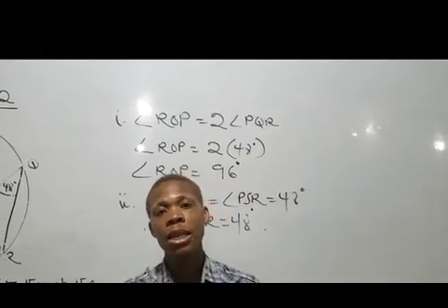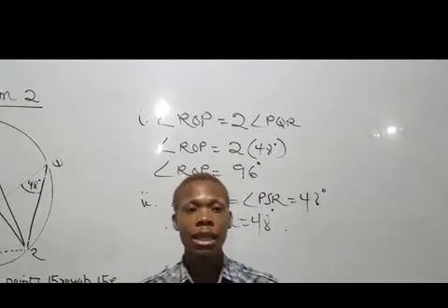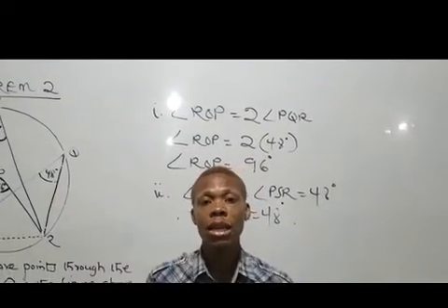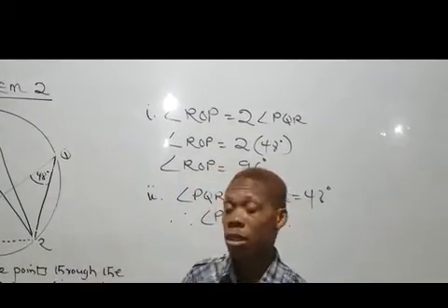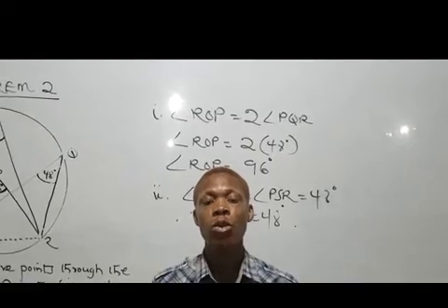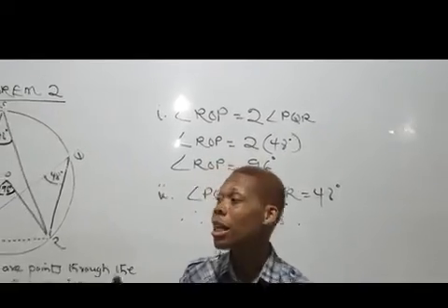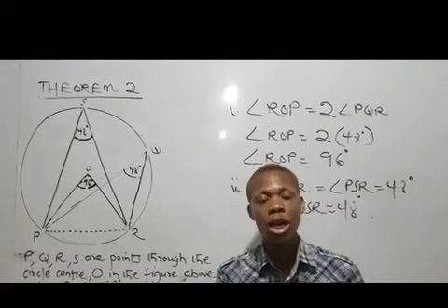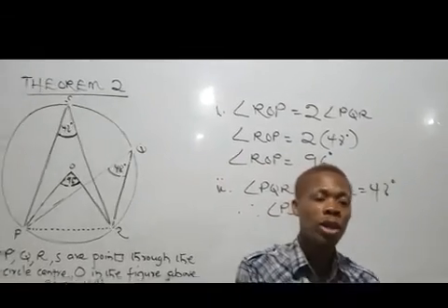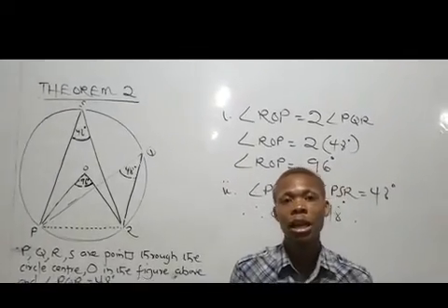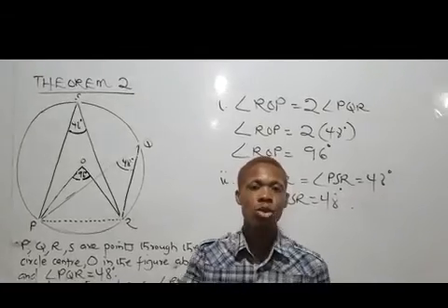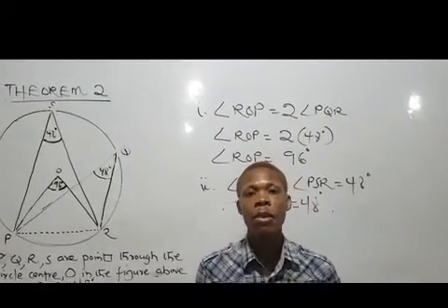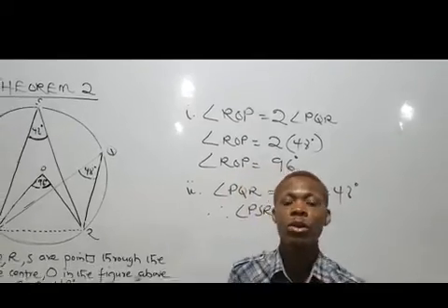So please, whilst you are home, get some of the textbooks and look at some of the questions that we've done on this. In our next class, we are going to look at theorem 3. I've told you we are going to study 9 theorems. So in our next class, we'll look at theorem 3. Then after going through theorem 3, we'll look at how to combine theorem 1, theorem 2, and theorem 3 in a question. I don't want us to rush through the theorems.